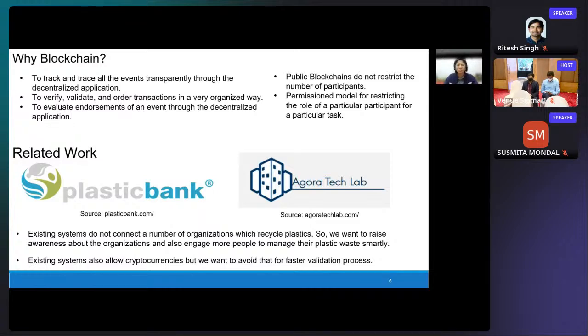Another point is that Plastic Bank and Agora Tech Lab are situated outside India, and they use cryptocurrencies. But cryptocurrencies are not very user friendly. Common people do not use cryptocurrencies to trade worldly goods. In the case of tokens, people can use tokens to buy and sell things.